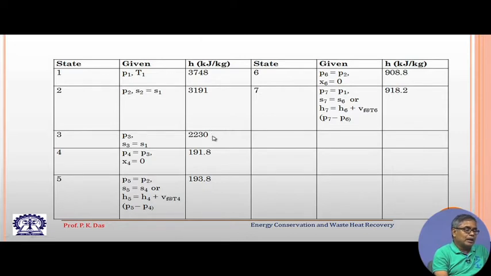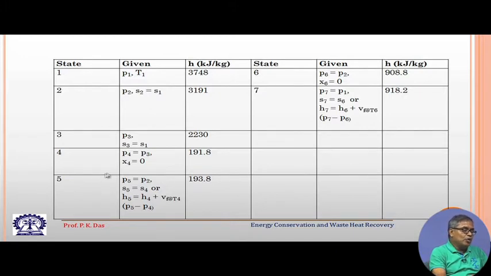Enthalpies at point 1, point 2 and point 3 are known. That means, along the expansion line of the turbine, if you refer to the cycle diagram which I have shown earlier, we know all the enthalpy values at different points.